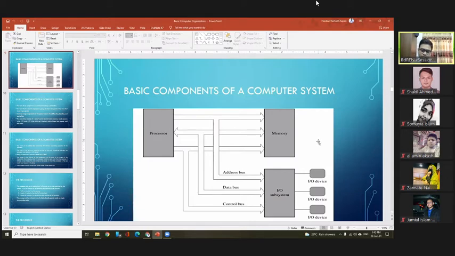What do you think, why is there a relationship between the address bus and the size of the memory? What will happen if we have more memory than the address bus capacity?